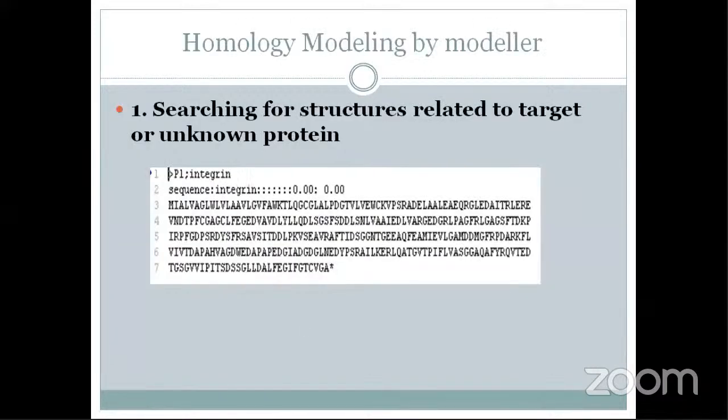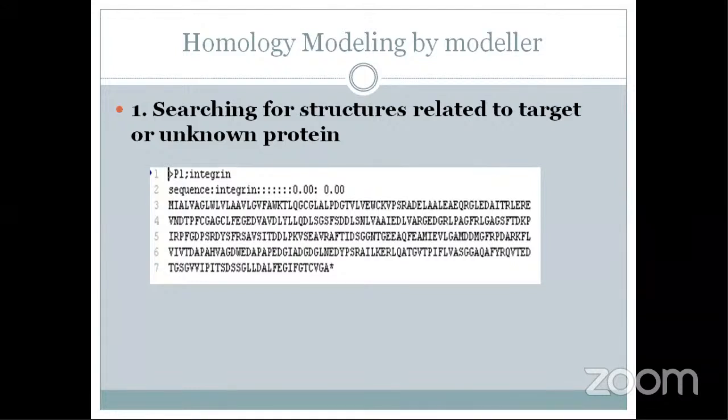Okay, this is one software which is most widely used, that is Modeler. Modeler is a software for generating the 3D structure. It is usually free for academic institutions. For non-academic use, meaning a personal ID, we will not get the license. But if you have an institutional ID, you will get the license for Modeler. In Modeler, you have to submit the sequence and you have the option to directly select the template.